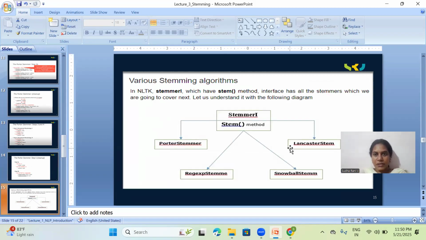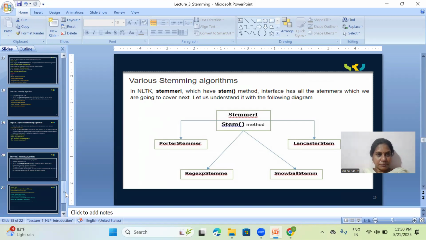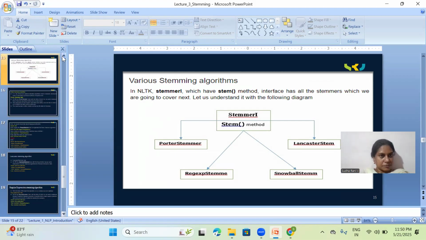Now we can see various stemming algorithms.